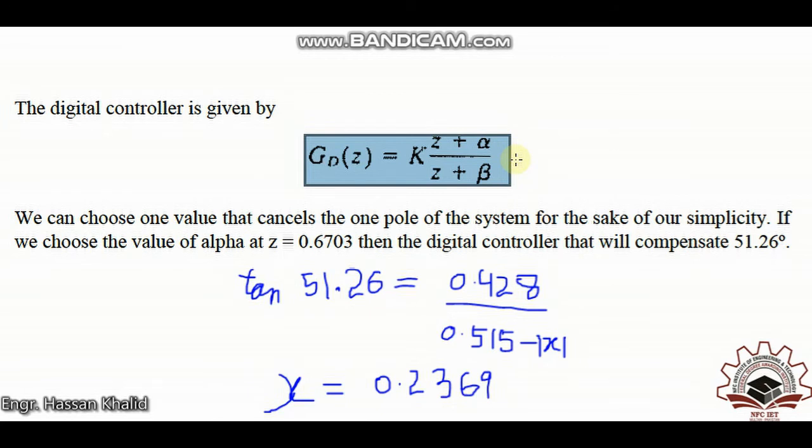In our previous topic, while designing the root locus, we chose 1 zero of the controller equivalent to the pole of our given open loop system. That means we have made one pole-zero cancellation so that we can reduce our maths, or reduce our steps for calculating the values of the digital controller that can compensate the 51.26 degrees.